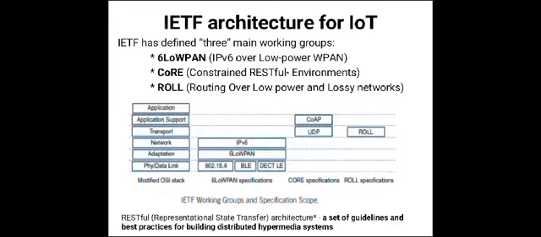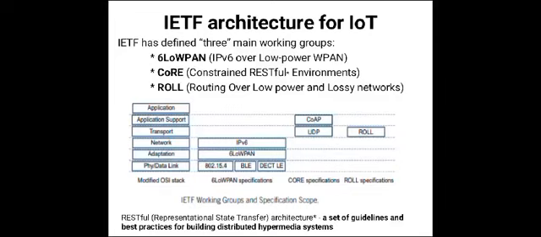Next is the IETF architecture. There are multiple architectures in IoT, like IETF, ITU, and the basic reference model architecture. The first one is the IETF architecture. This IETF architecture consists of three main working groups.